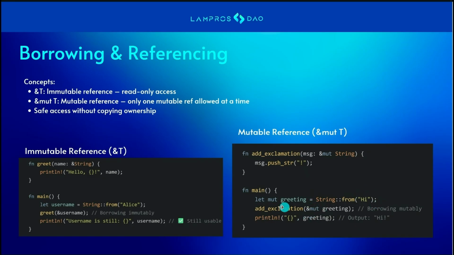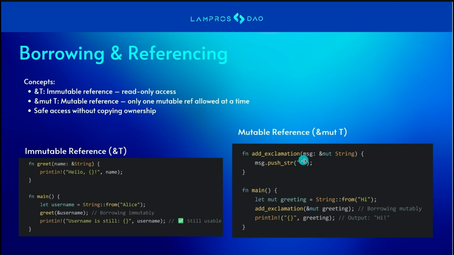It means this add underscore exclamation function has borrowed the value of hi, so it can read the value of hi, as we have used ampersand. And we have also used the mut keyword. Mut means this function can read, and this function add exclamation can also change that value hi, because we have passed a mutable reference. So now, hi exclamation mark. So what will be printed here? Hi exclamation mark.